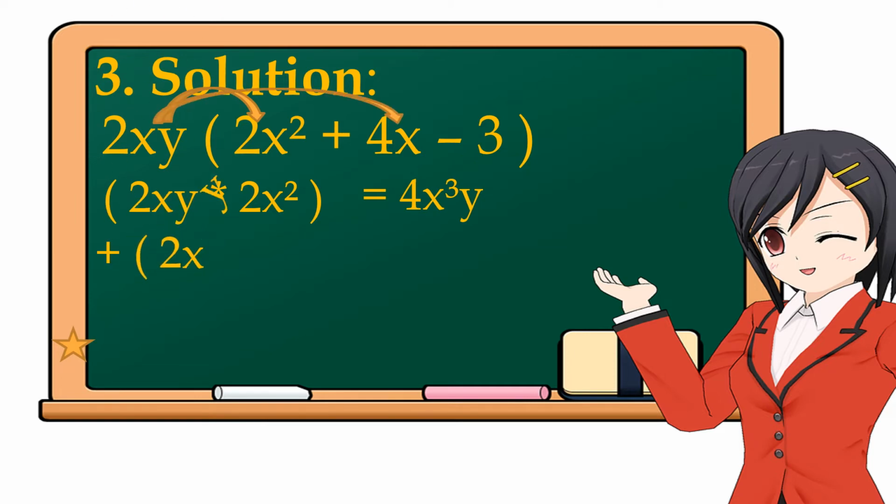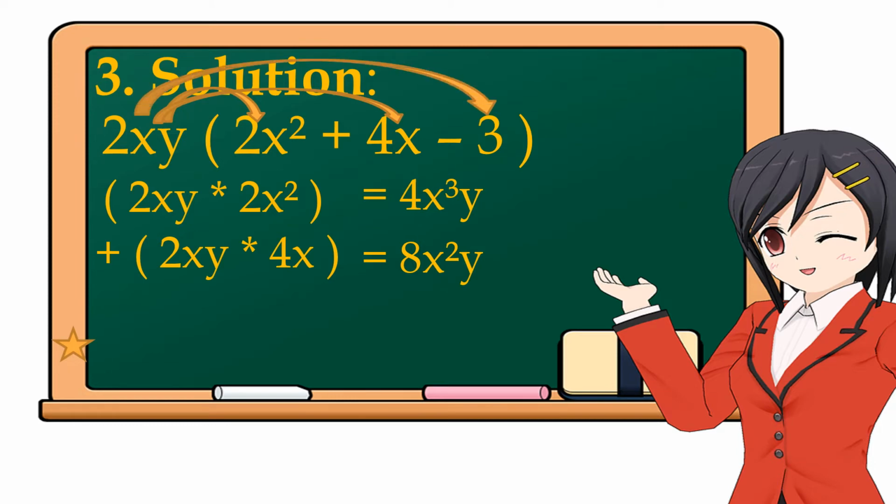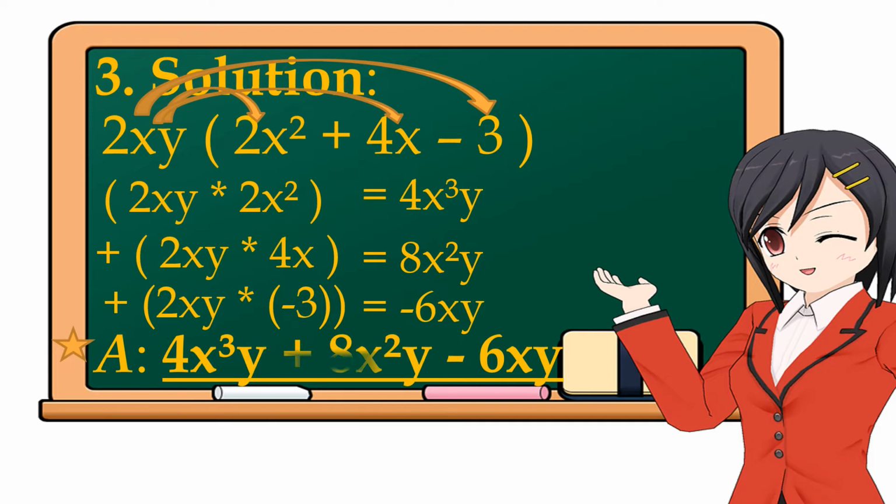Then 2xy multiplied by 4x is equals to 8x squared y. And 2xy multiplied by negative 3 will give us an answer of negative 6xy. So our final answer is equals to 4x cubed y plus 8x squared y minus 6xy.